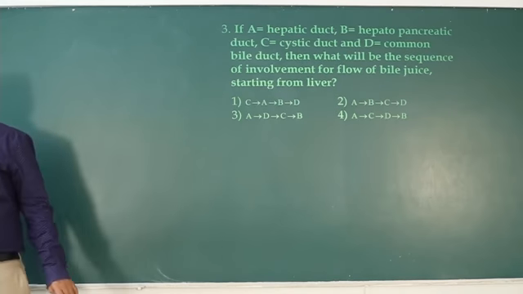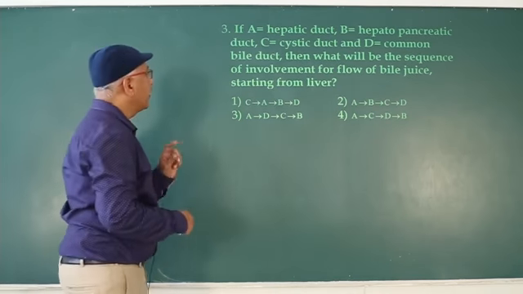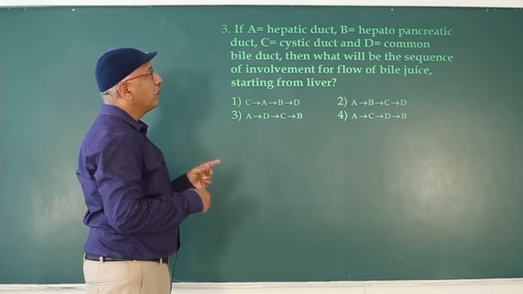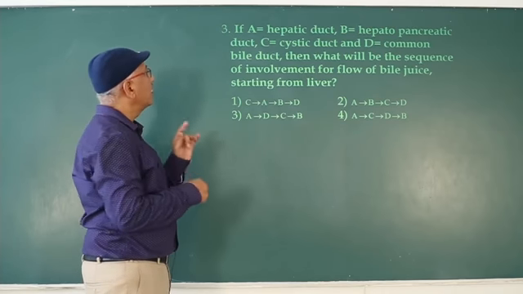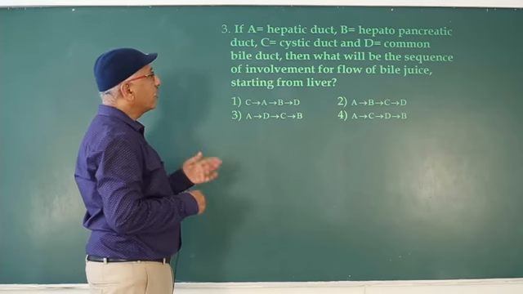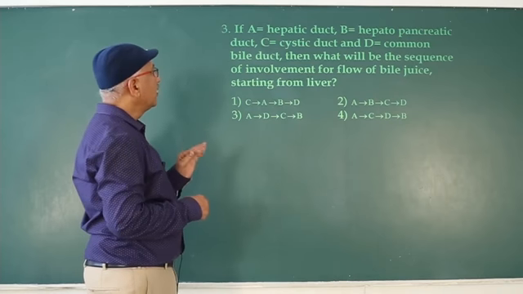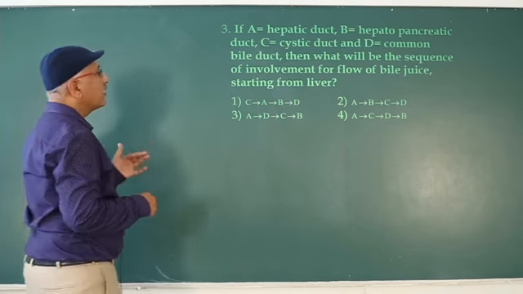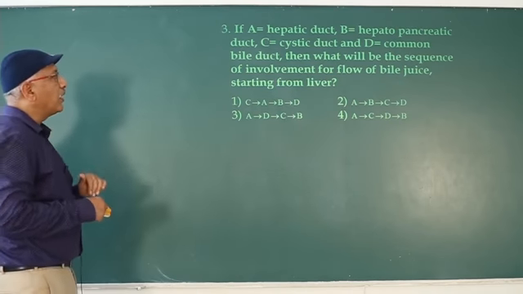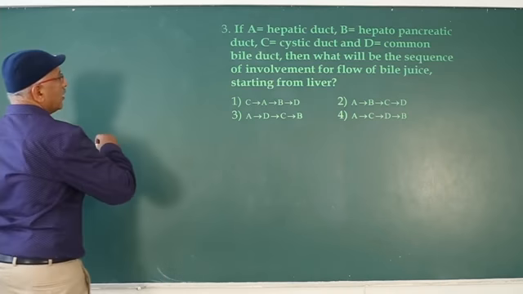Next question is, if A hepatic duct, B hepatopancreatic duct, C cystic duct, D common bile duct, then what will be the sequence of involvement for flow of bile juice starting from liver?